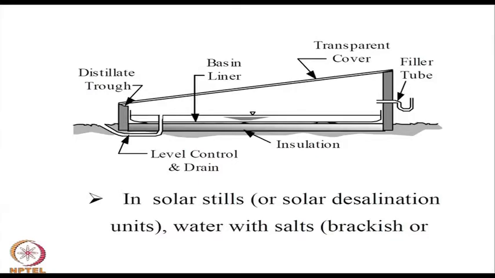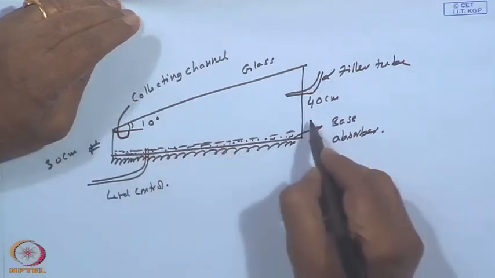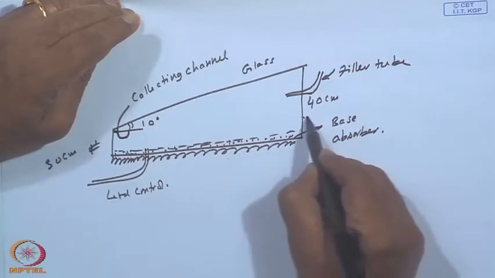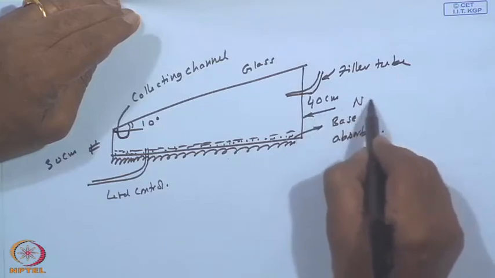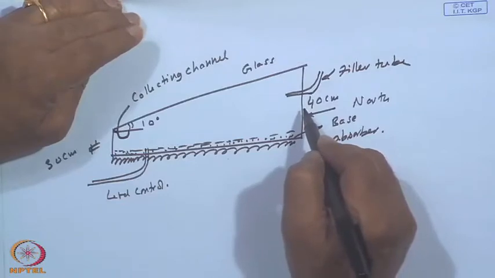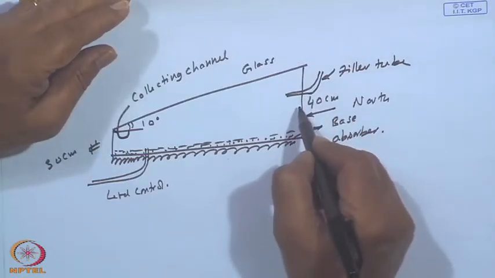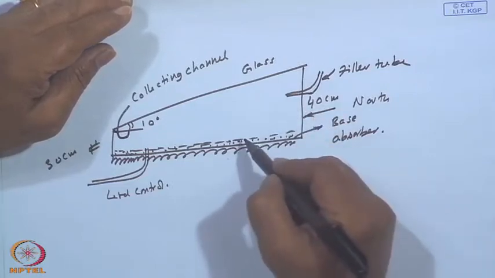So, this brackish water or water with salts, you can see in the picture. As I have already described, there is a filler tube, there is a top glass, and every side, east, west, north, south, is transparent. Regarding the north side, there are different arguments. It can be transparent; some people argue let the diffuse radiation come through, and hence a little more radiation.